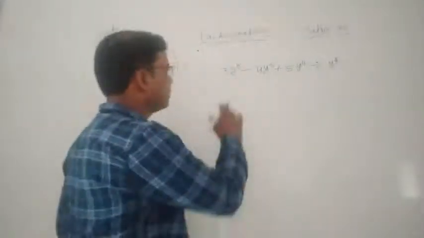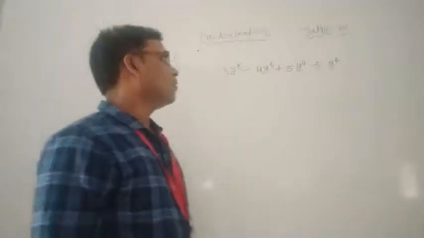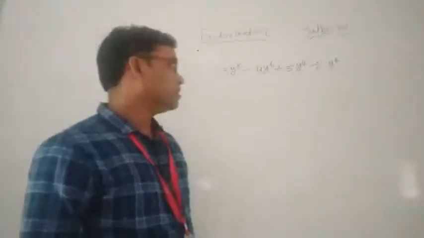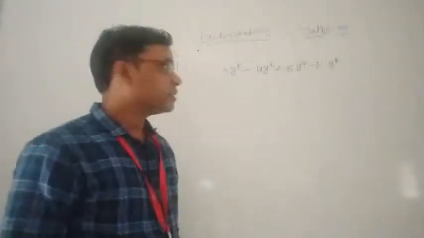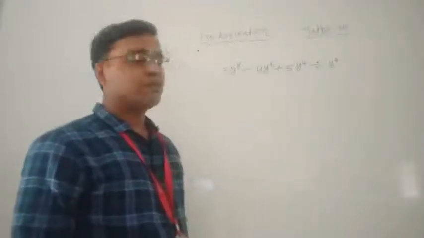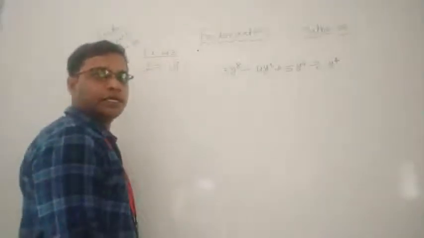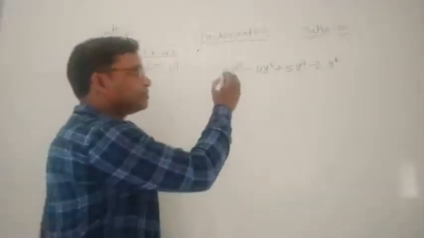So this is the second part of question number 2: 3y to the power 8 minus 4y to the power 6 plus 5 into y to the power 4 divided by y to the power 4. So first we can write it like that.